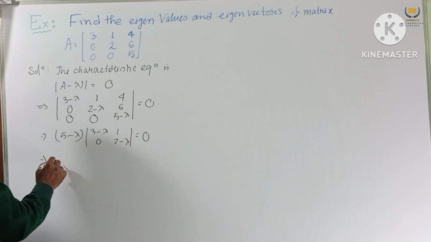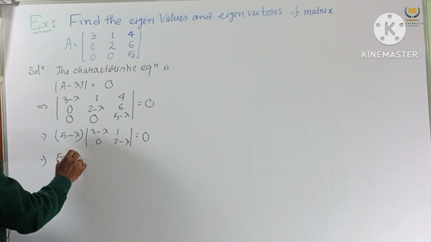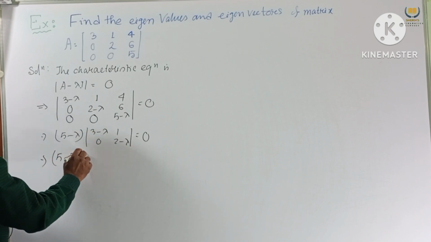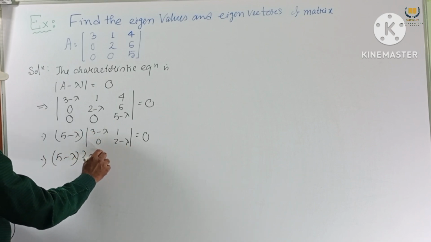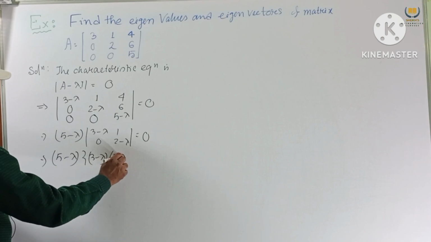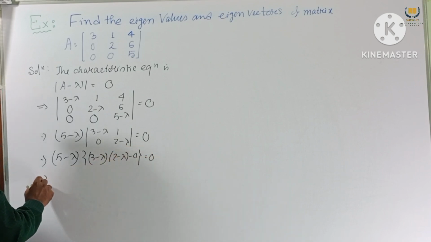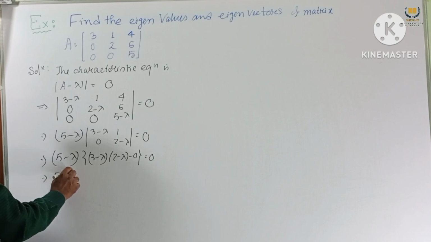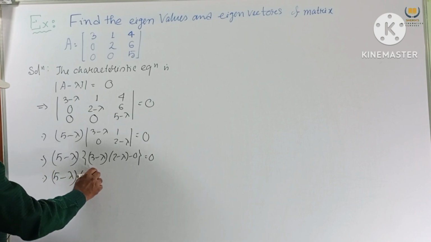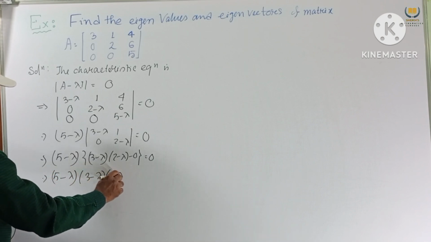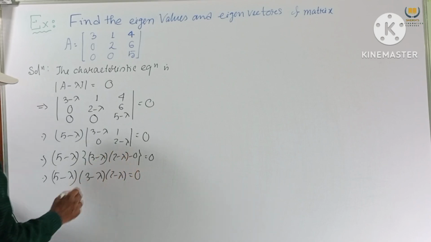So this implies 5 minus lambda multiplied by (3 minus lambda)(2 minus lambda) minus 0, equal to 0. That is, (5 minus lambda)(3 minus lambda)(2 minus lambda) equal to 0.